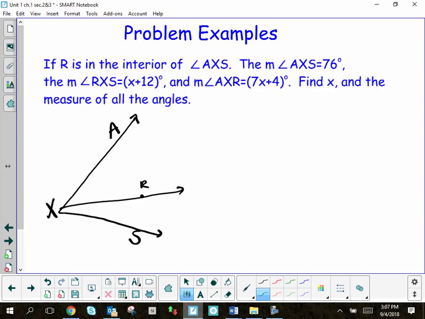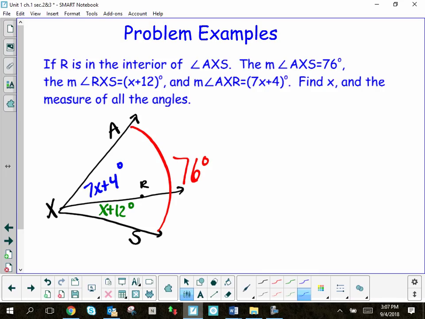It says angle AXS, and here's where it's good to use colors. So that whole thing is 76 degrees. RXS, they said, is x plus 12 degrees. AXR, in blue, is 7x plus 4 degrees. Find x and find the measure of all the angles.